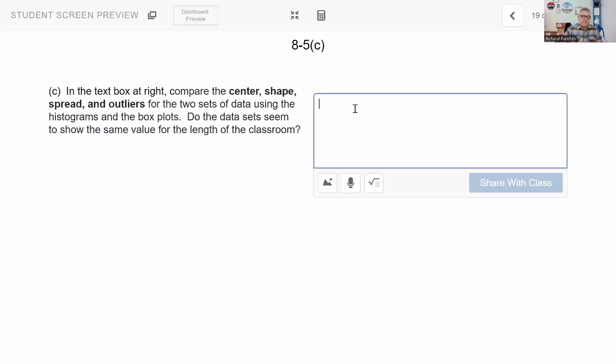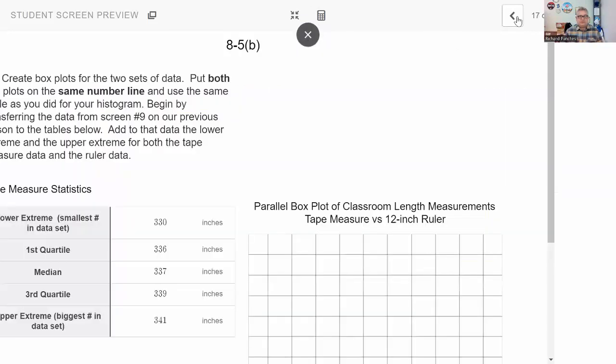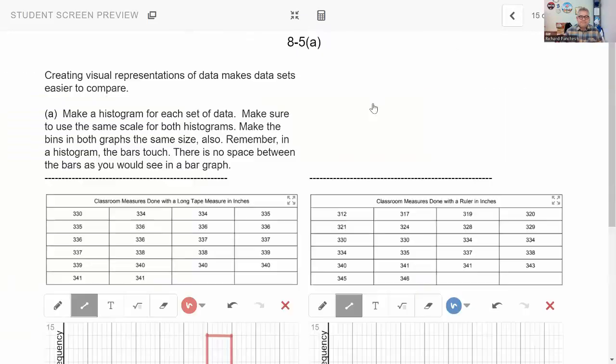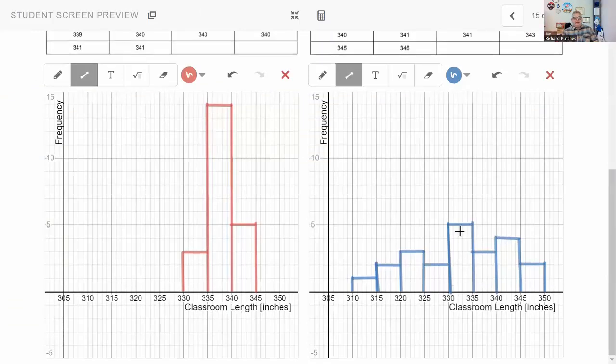So, as we said before, if you look back at the histograms here, you'll notice that the shape of the data is symmetric. There's one peak at the center, but the spread of the data is definitely wider on one than the other.